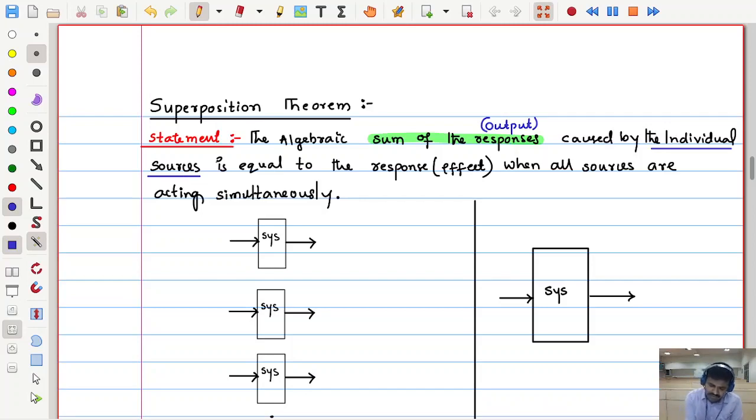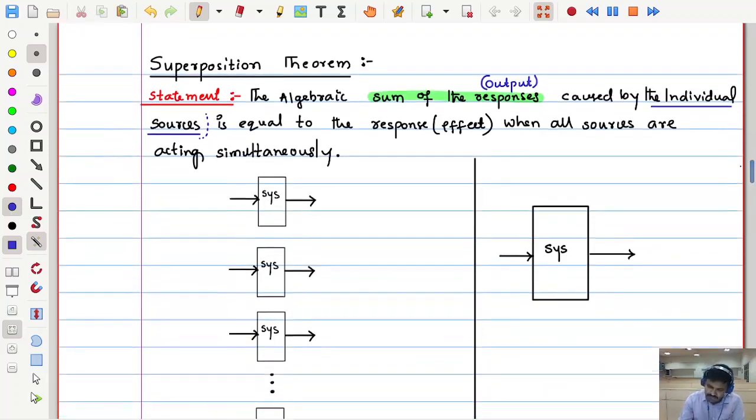So some responses are there, and we produce those responses because of these sources. Let us say I have one system, meaning some circuit.